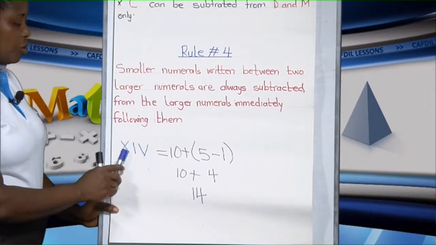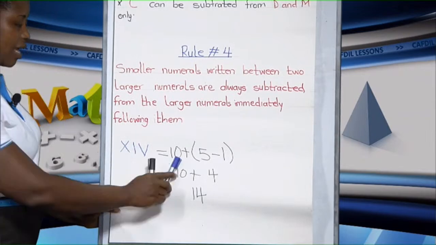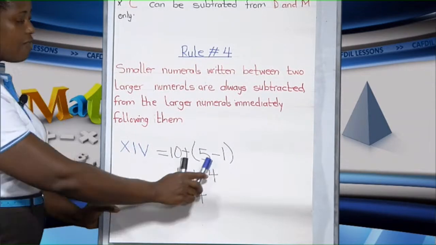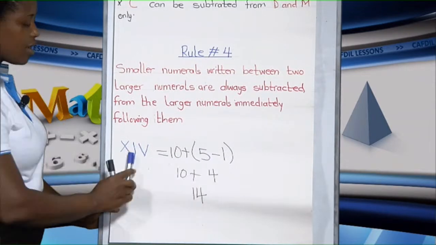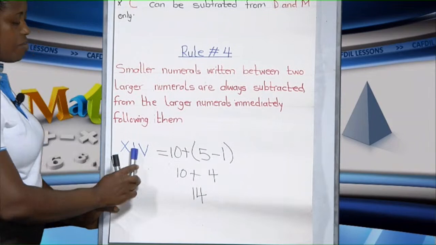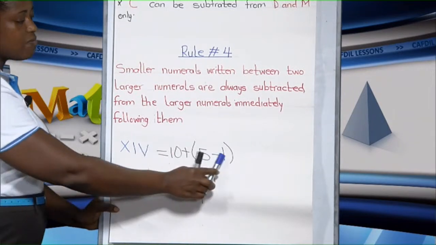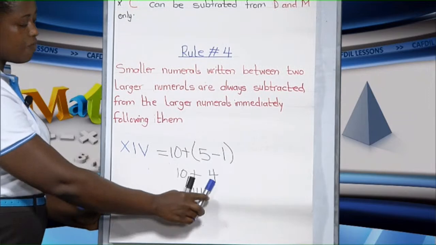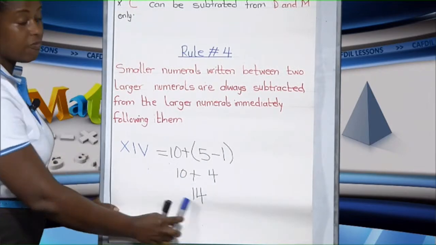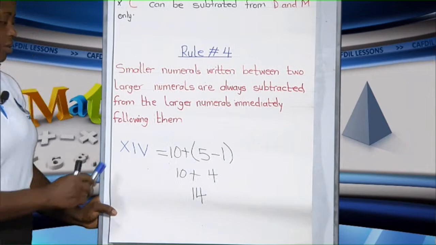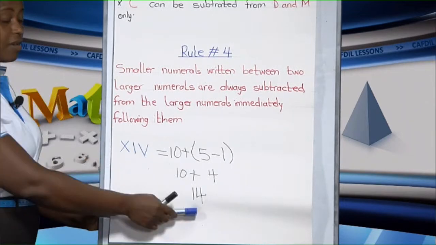So XIV, we have 10 and then 5 minus 1. This is 1, this is 5. We must subtract I from V. So 5 minus 1 gives us 4. 10 plus 4 is 14. So XIV will give us 14.